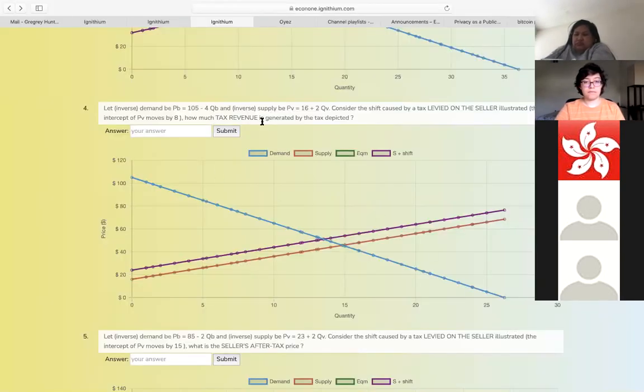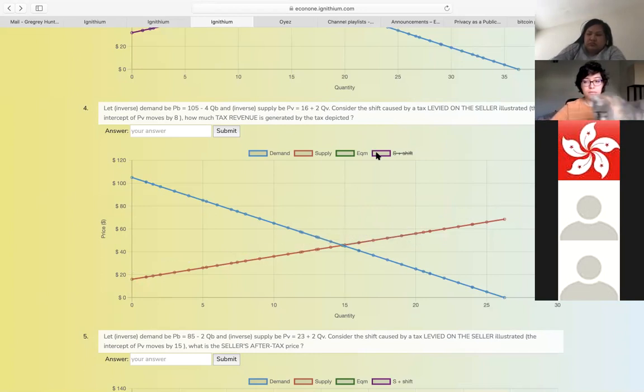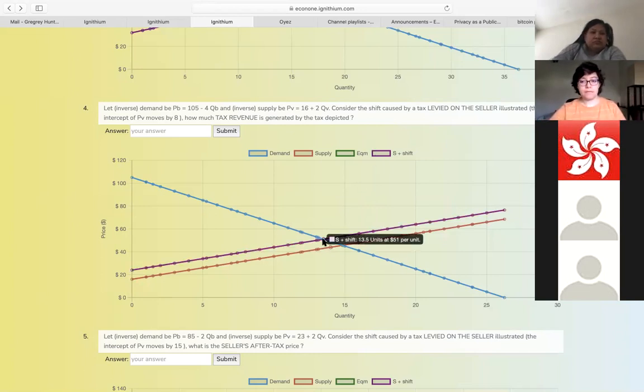right? And we say how much tax revenue is generated. Can you see there is a little line, we call that the tax wedge. And there is no counterpart on the red line, right? We just have to imagine we're going to drop down our tax wedge, or our tax distance, to the red line and form a rectangle.